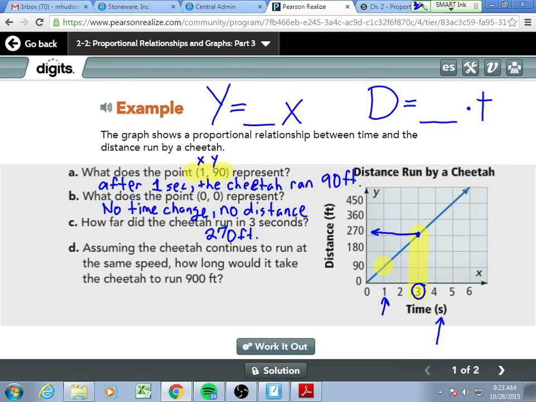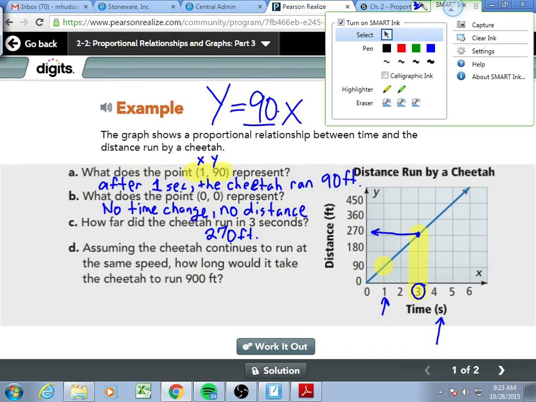Sure. y equals 90 times x, or d equals r times t. Here's our formula. So distance equals rate times time, but my rate here, just what Bella had asked, is that 90 our unit rate? Yeah, 90 is your rate. So either of those formulas, those equations, would represent the cheetah's distance that he's run based off the time.